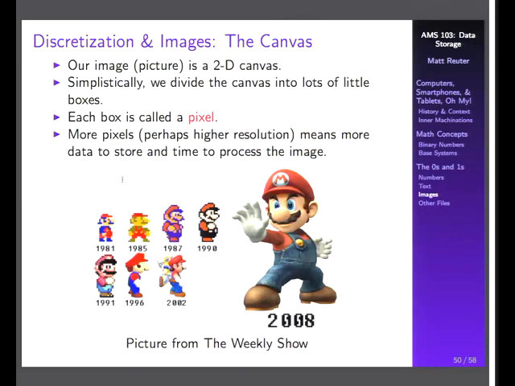And how did we store text? How can we convert letters and alphabets to ones and zeros? Does anybody remember from last time? Yeah, we can use a table. There's a discrete number of letters and symbols that we're using for our text, and we can associate with each of them a particular non-negative integer.